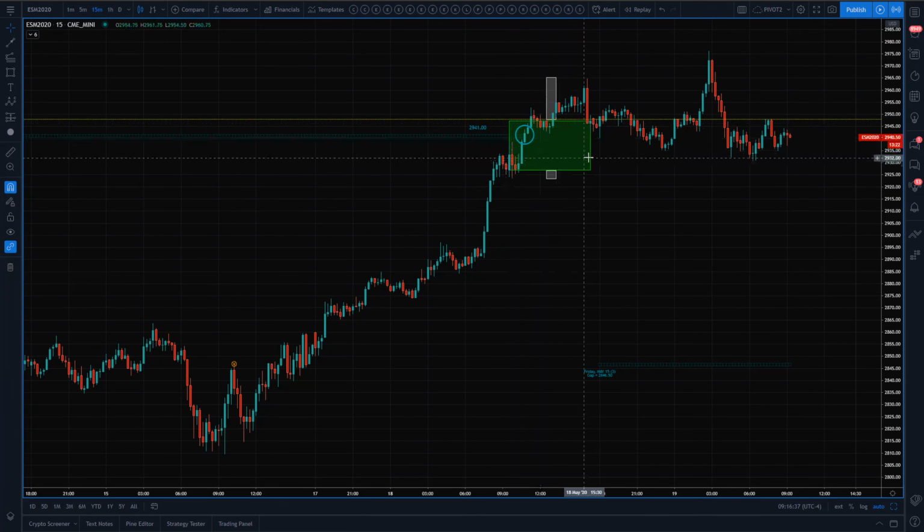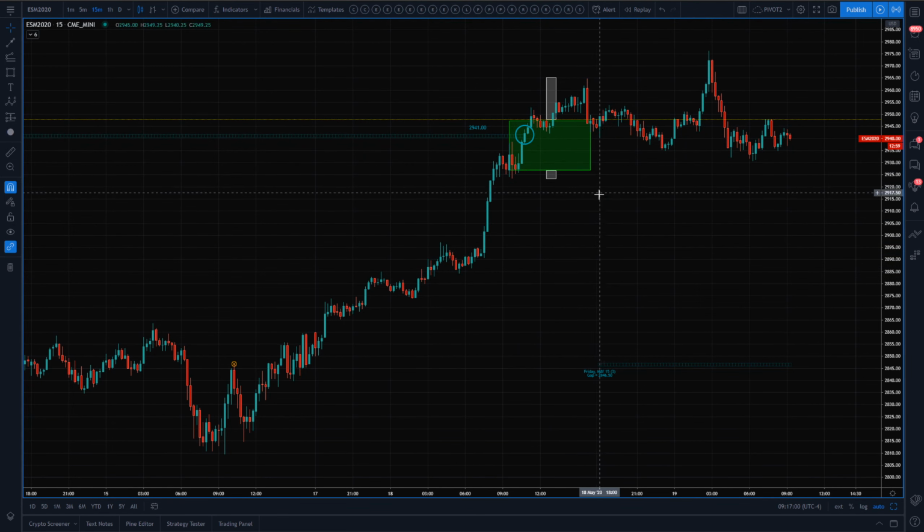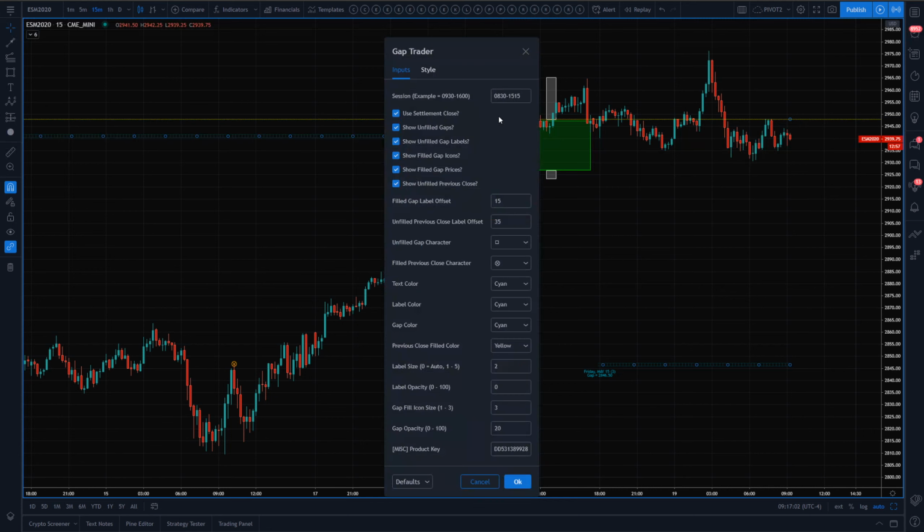This is your big day candle for SPY in the window of 9:30 in the morning to 16:15. It says 1600 down there, but this is a 15-minute candle. So the very next open is 16. The end of this candle is 16:15. This is my candle that I had for SPY yesterday. This is the entire daily candle. And that's what Gap Trader is using as the session window that I have prescribed for it.